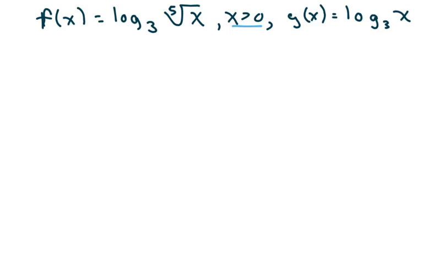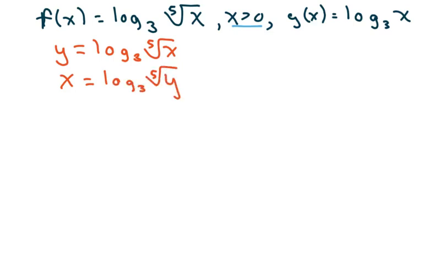So we want to find the inverse, so we switch this to y. Switch the x and the y. And now write it as an exponent. 3 to the x equals the 5th root of y.